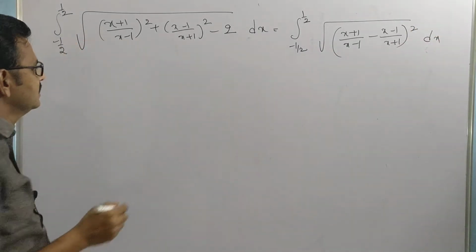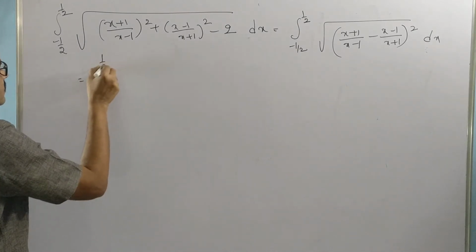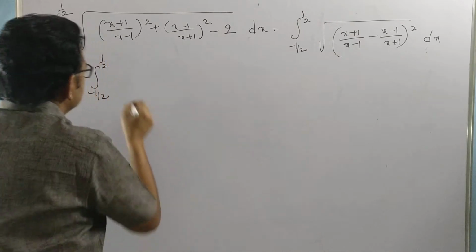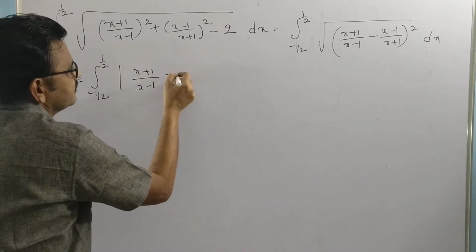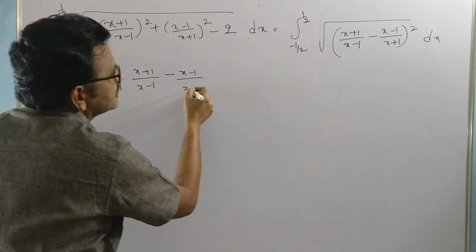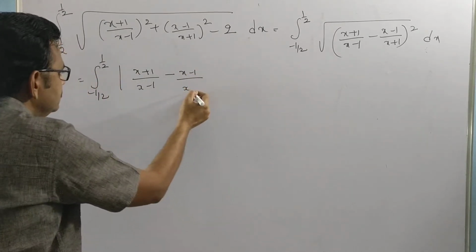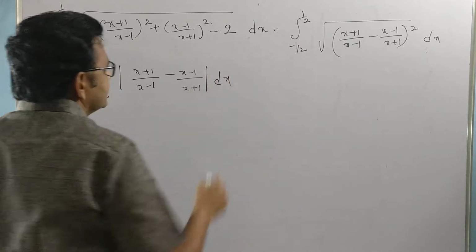Mod x. That is equal to integral from minus 1 by 2 to 1 by 2, mod of (x plus 1 by x minus 1 minus x minus 1 by x plus 1) dx.